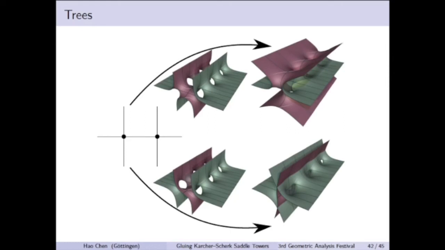But if the phase difference is pi, as shown in this picture, the force in the middle will, however, decrease, and the four Scherk ends must bend towards each other to preserve the balance. But they were parallel at the beginning, so they must have intersected each other after the bending.